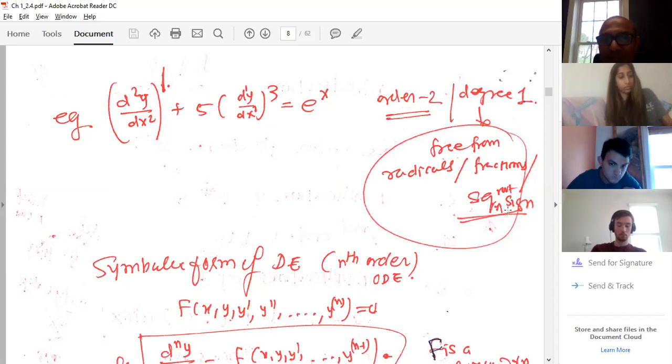So an equation which contains a derivative is called a differential equation. You can see over here, this equation involves a second order derivative and a first order derivative with power, meaning degree, 3.